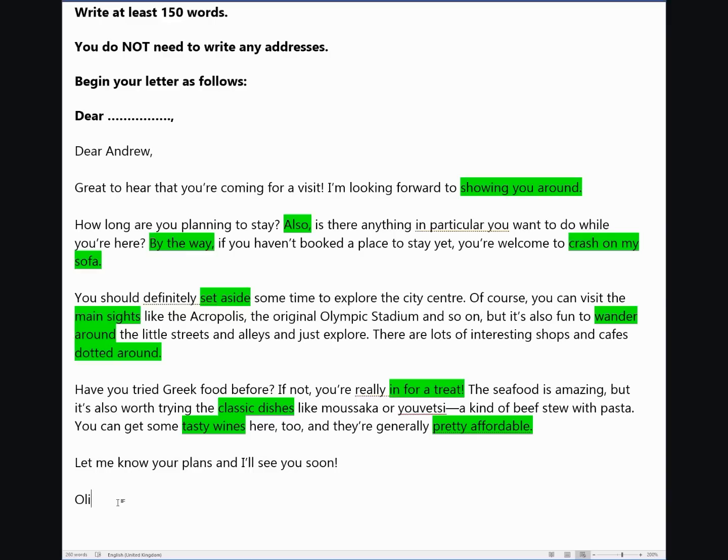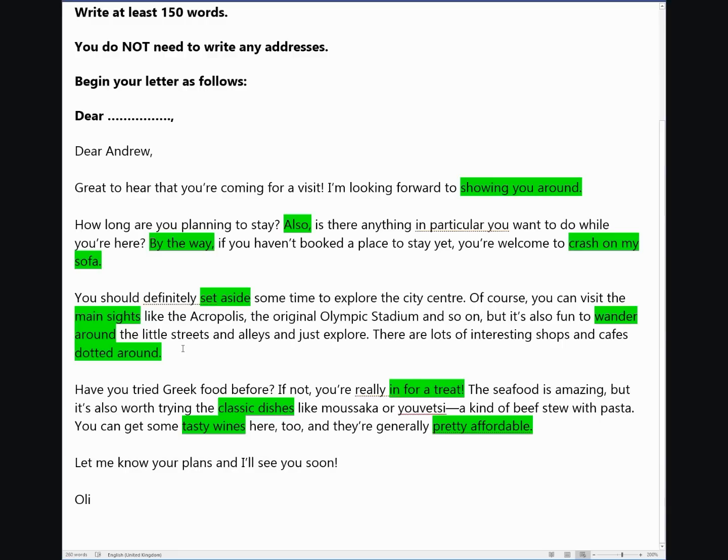Don't mix very formal and informal language in your answer, because that will have quite a large effect on your score. Number 2, plan your paragraphs. Have one paragraph for each bullet point and make sure that your paragraphs are more or less equal in length. It's a problem if you have one paragraph which is much, much longer than the others.